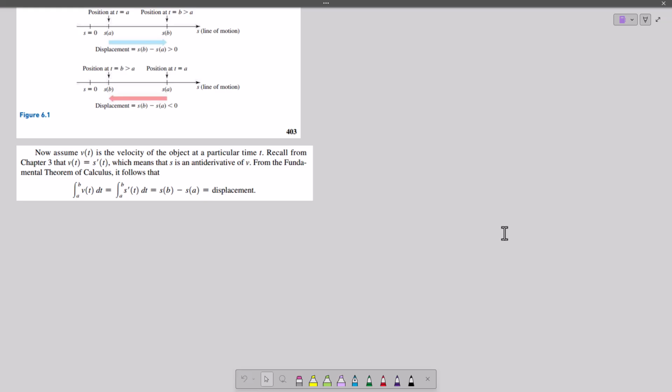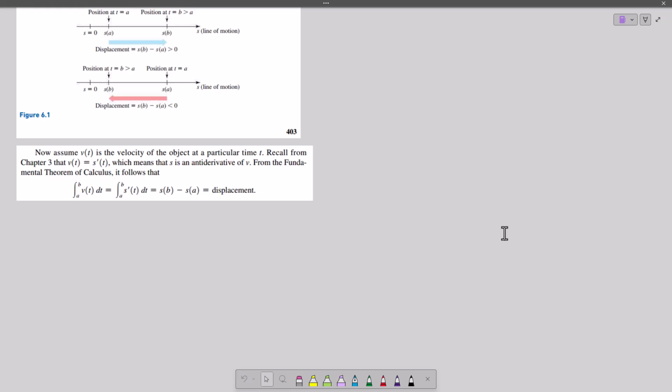And so if we integrate the velocity function, that's the same thing as integrating s prime, because s prime is velocity. Well, if you integrate a derivative, you learned in Calc 1 that the integral of a derivative gives you the function that you're dealing with. So if you integrate s prime, you get s. If you integrate f prime, you get f. If you integrate a function's derivative, you get that function.